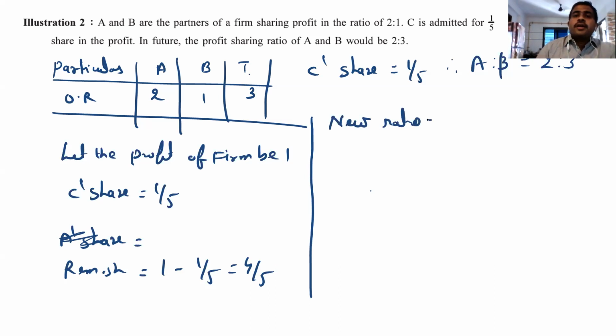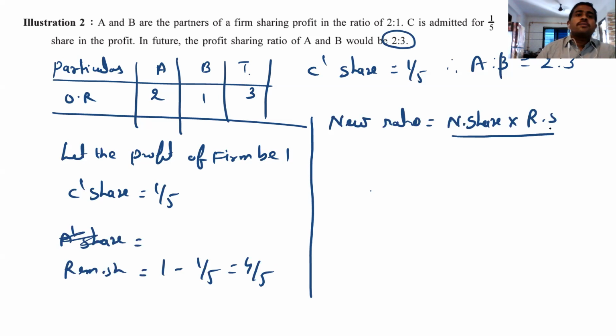In order to find the new ratio, earlier I said old share multiply by remaining share, because at that time the old ratio was there. But now the new ratio is there. So now the formula is new share multiply by remaining share.